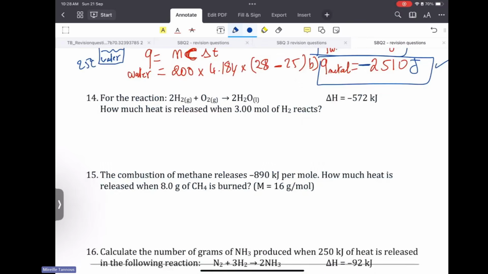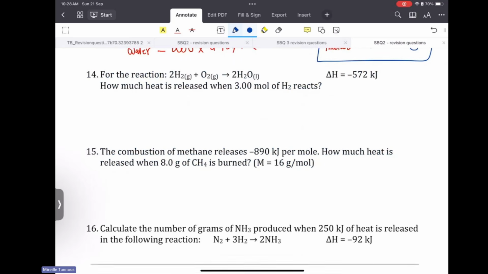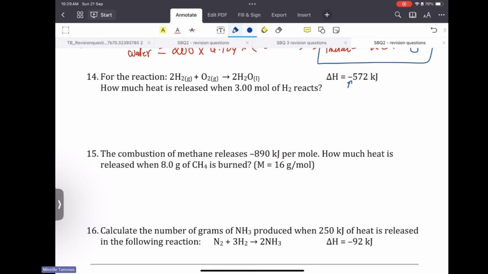Now, question 14. For the reaction H2 plus O2, that's a combustion because it's plus O2. And look, the delta H is exothermic. How much heat is released when 3 moles of hydrogen reacts?